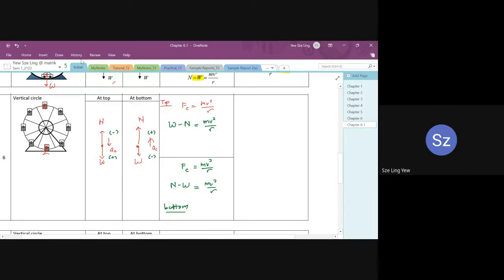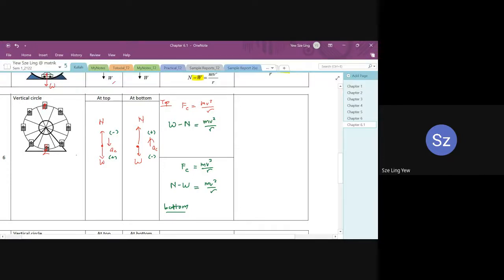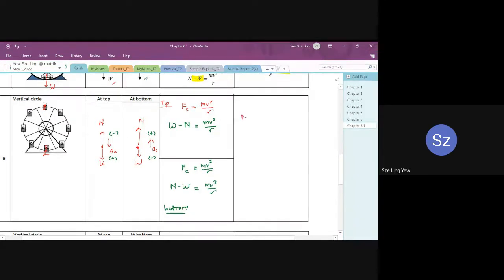Now how about N? Like I told you just now, how to tell which one will give you a smaller reading on the weighing scale, which one gives you a larger reading.